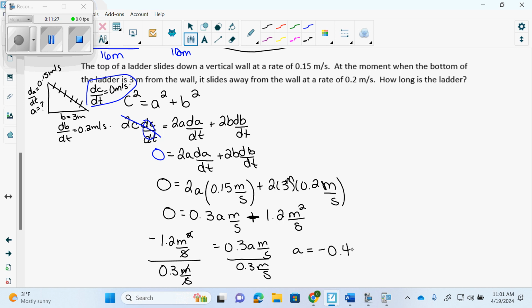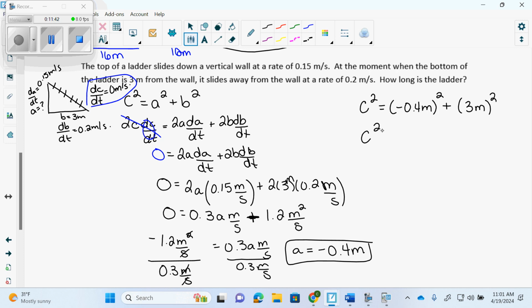Negative 0.4 meters. Then to get the ladder with the Pythagorean theorem, we do c squared equals negative 0.4 meters squared plus 3 meters squared. C squared equals what? 9.16 meters squared, plus or minus. Okay, so C equals, what's the square root of 9.16?